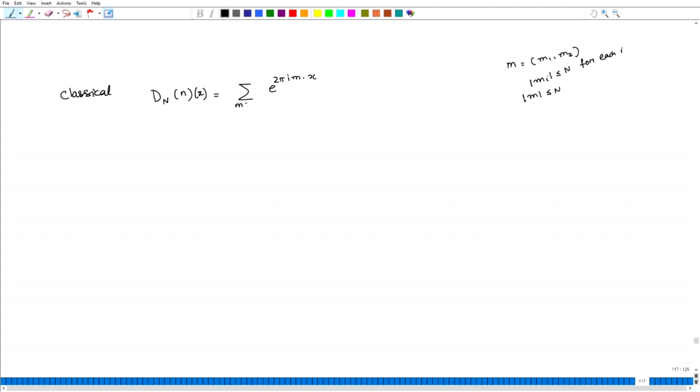If m varies over Z n and mod of m I is less than or equal to n, that is our classical Dirichlet, and then we will call it the spherical one.